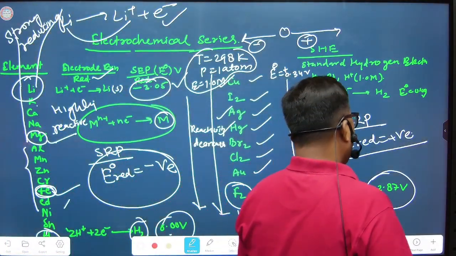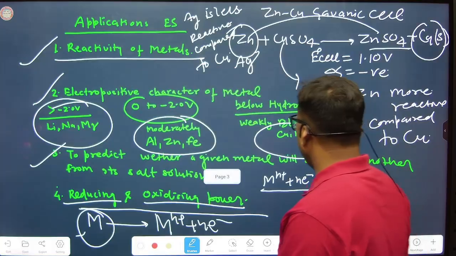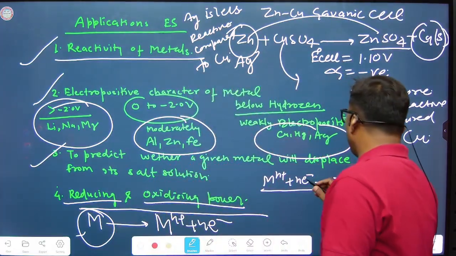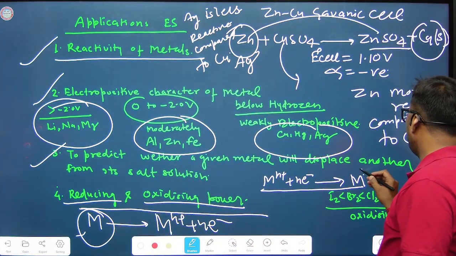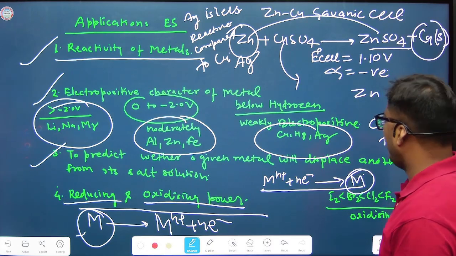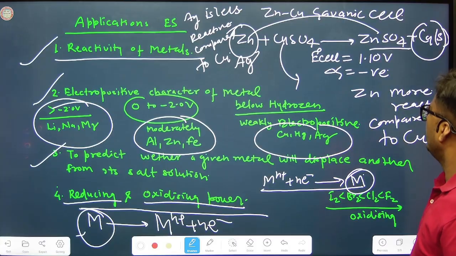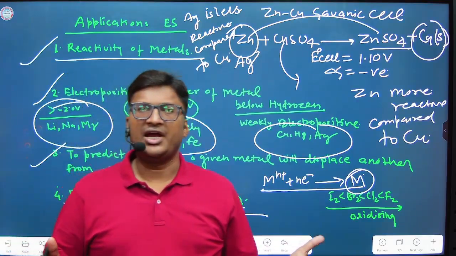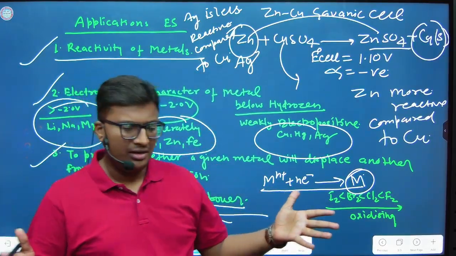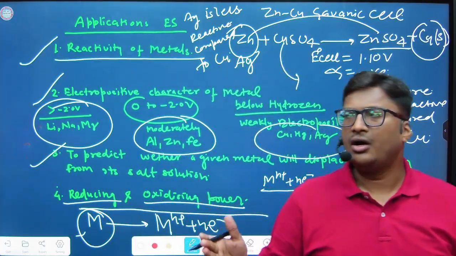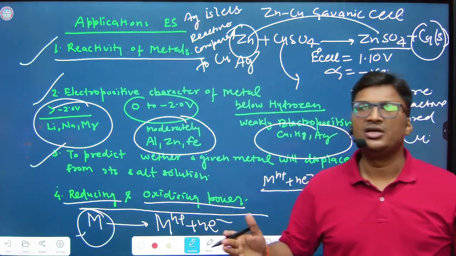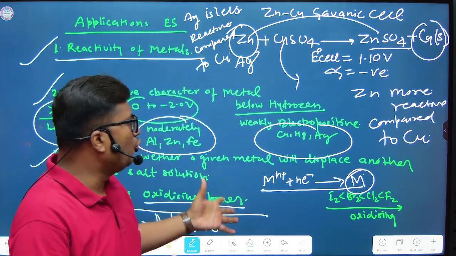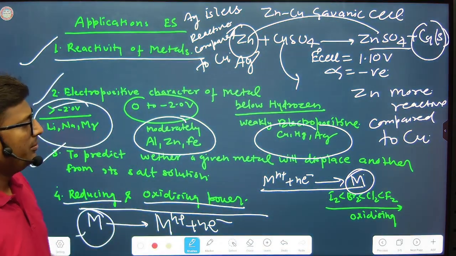Okay. Now oxidizing power means the tendency to gain an electron to convert back into the neutral metal, right? So if the standard reduction potential has a very high positive value, then the elements show a greater tendency to be reduced.